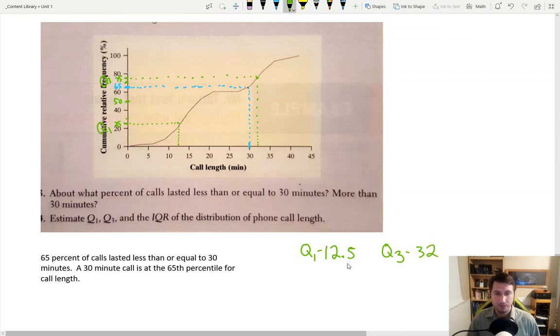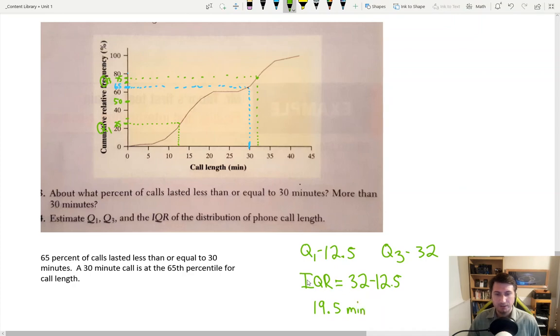All right, so that is Q1 and Q3. Our IQR is simply subtracting those: 32 minus 12.5, which is equal to 19.5 minutes.